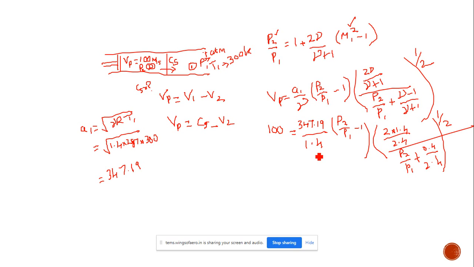So simplify this term and solve the value to find the answer for P2 by P1. Easy only, just cross multiply these terms, bring these terms here, and solve this, and we can find the value for this.